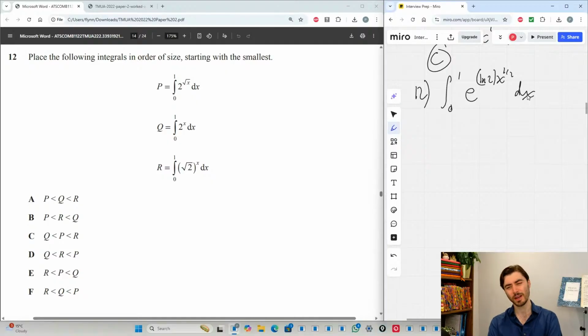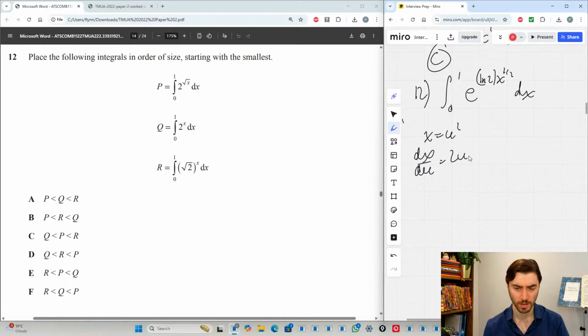Do I definitely know how to integrate u? Let's use a substitution. x equals u squared, dx du equals 2u, so dx is equal to 2u du.